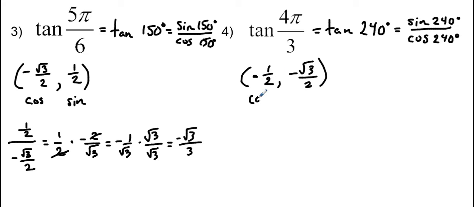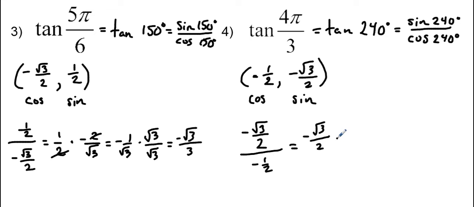We know negative 1/2 represents cosine, and we know negative radical 3 over 2 represents sine. So let's go ahead and divide. We're going to put negative root 3 over 2 divided by negative 1/2, and we'll multiply by the reciprocal. So negative radical 3 over 2 times negative 2 over 1. We know that a negative times a negative becomes a positive. I can cross that out. These 2's become 1, and I'm left with radical 3.